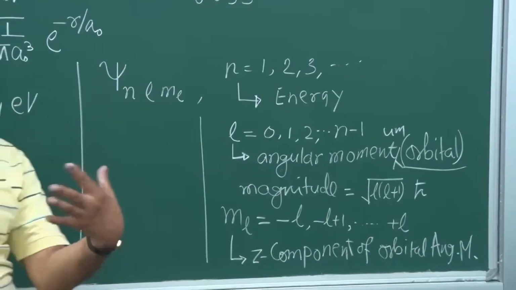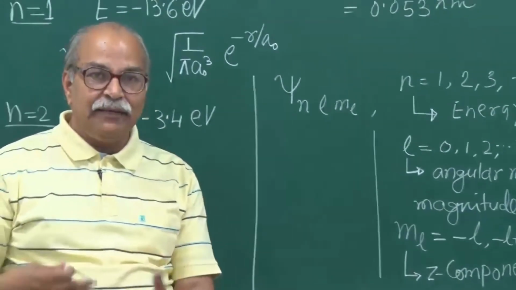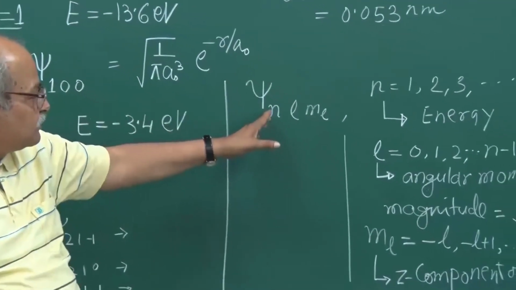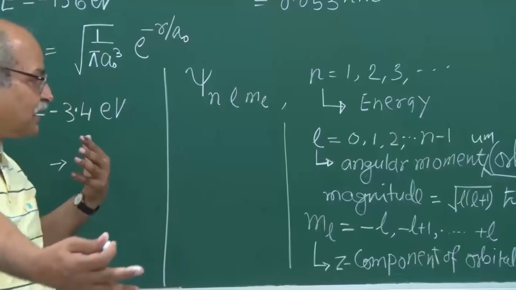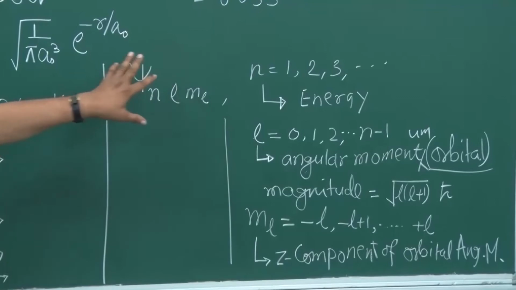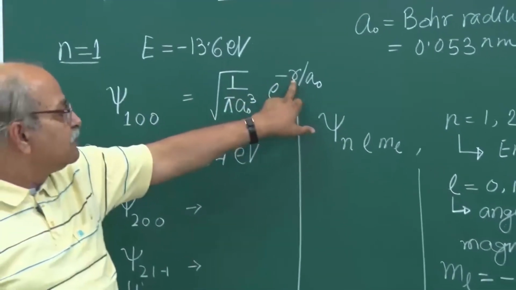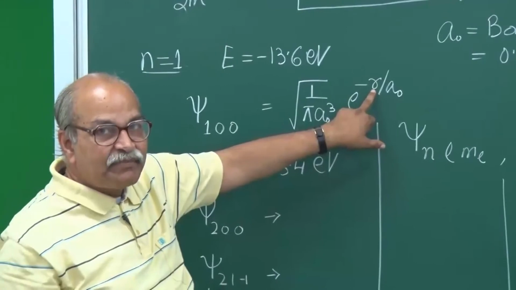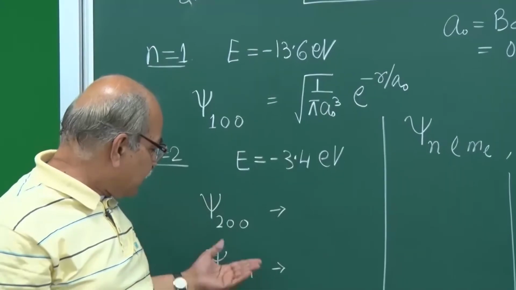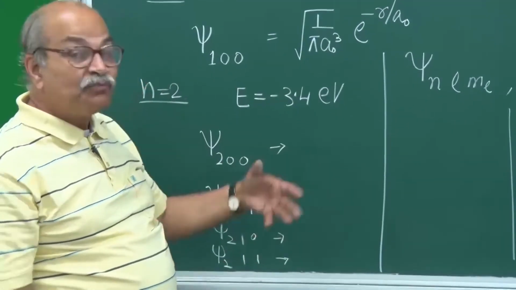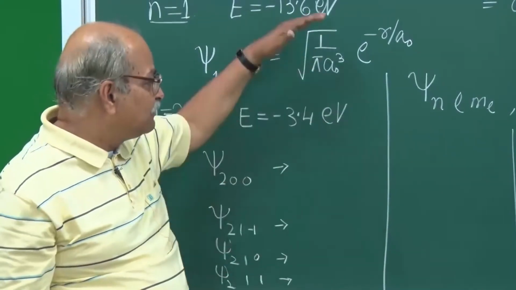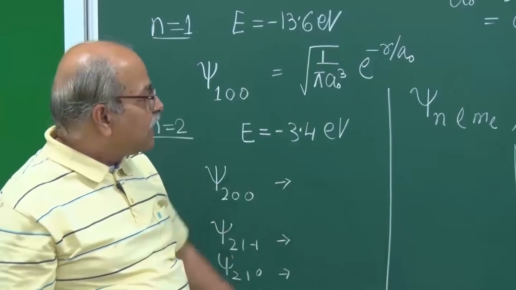So physically you can relate this n, L, ml to these quantities, and the wave function is a function that will have somewhere this n or L or ml. In this particular case, the function only depends on r. That's okay. But if you go for other functions, then you have more complicated dependence. So that is the kind of wave functions one has to write.